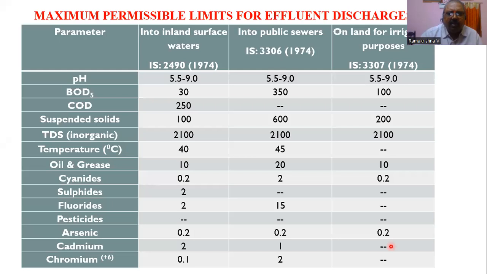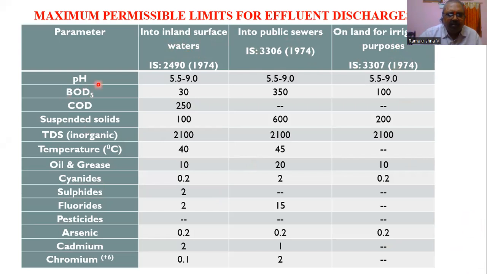Now if you look at some of these standards, as I mentioned repeatedly in these sewage wastewater quality discussions, we have the options: inland surface water, public sewers, on land for irrigation purposes, and we also have marine disposal as a fourth option. Mostly these three are generally followed. Marine disposal is only for the coastal cities.